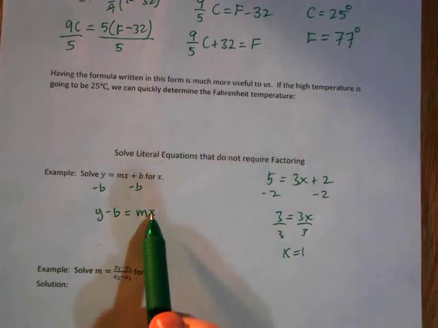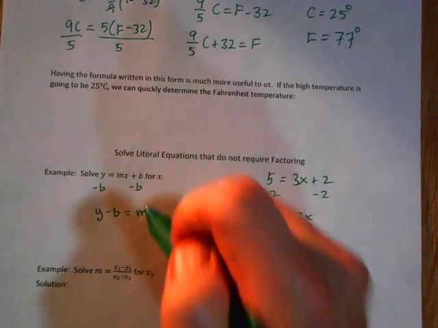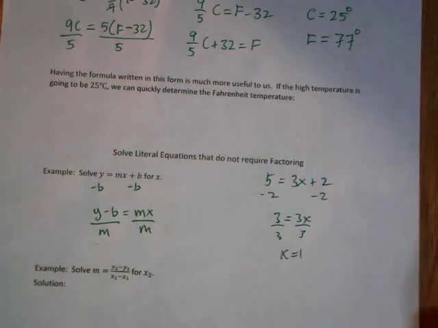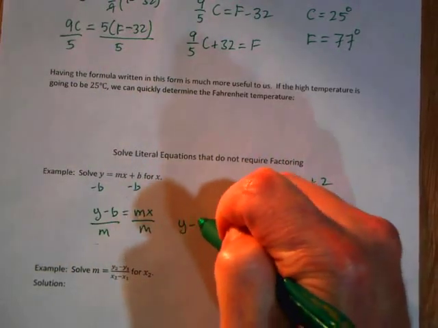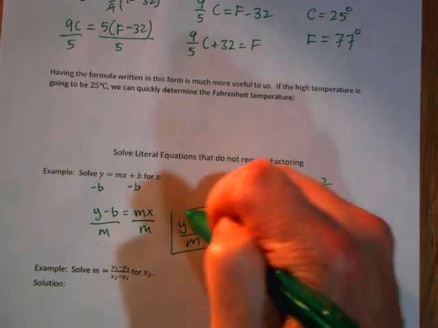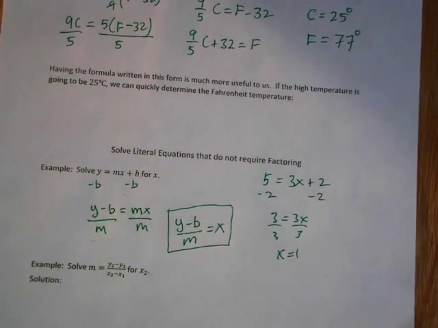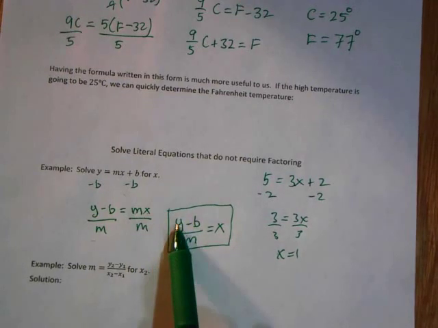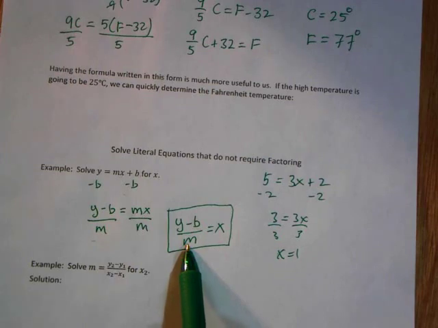And then we notice the x is connected to something by a multiply. To get rid of a multiply, we know we do a divide. So y minus b over m equals x. And there's our answer. That equation is now solved for x. It has x on one side all by itself. It has a bunch of letters on the other side, but none of them are x.